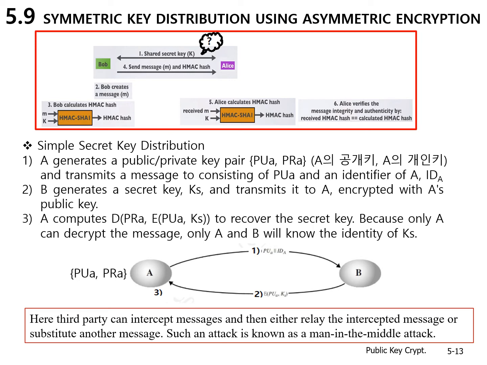Okay. Let's see symmetric key distribution using asymmetric encryption. Bob wants to send a message to Alice.